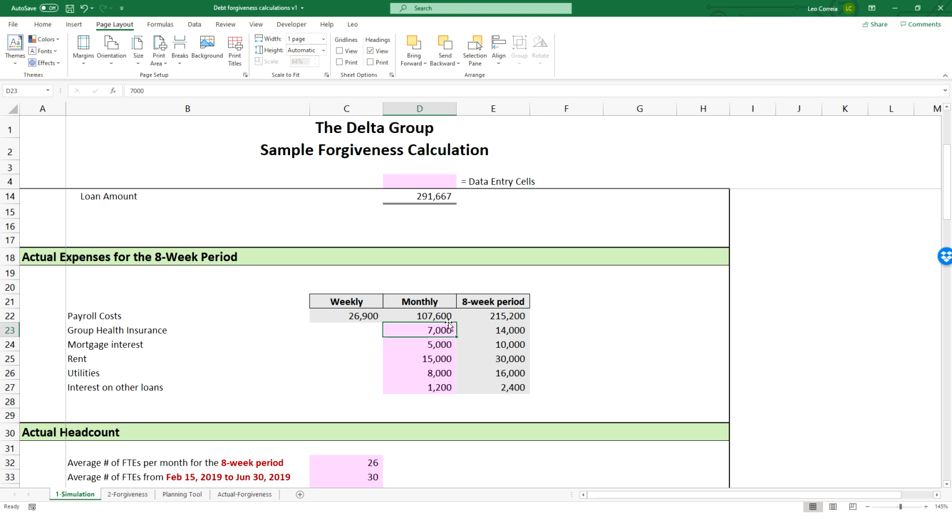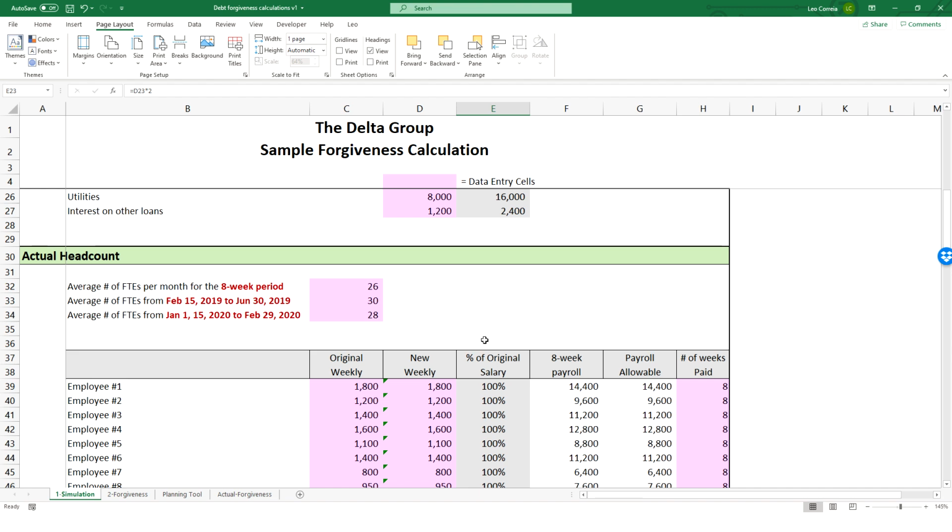Whatever you put in for a monthly number will be doubled, assuming that it would be paid twice in an 8-week period of time. So on the health insurance, I put in $7,000 here. It's doubled to $14,000 and so forth and so on. That'll give you your calculation of projected expenses for the 8-week period.